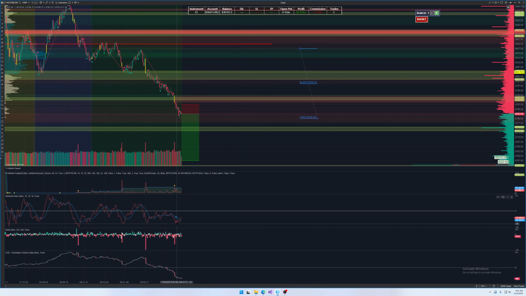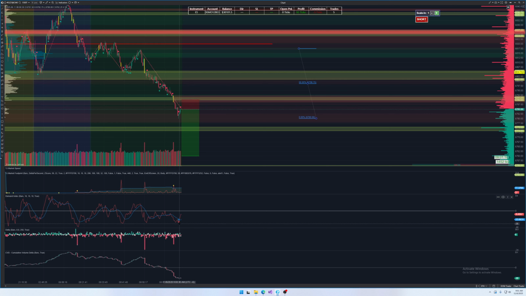So the demand index makes an interesting move. The price went deeper here, but the demand index didn't go as deep, or didn't go deeper.